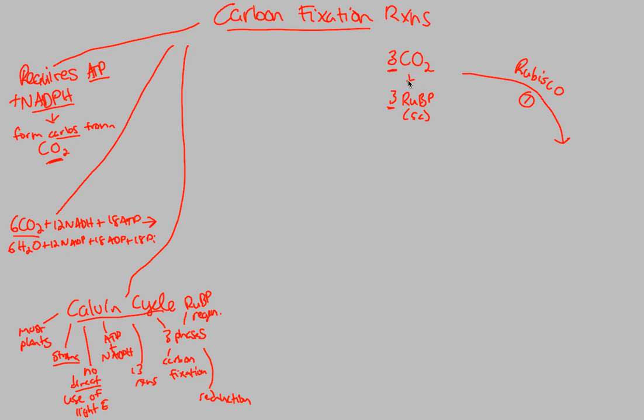So we combine carbon dioxide and RuBP to create 3 molecules of, I'll just say, an unstable intermediate. And if you combine something that's 5 carbons and 1 carbon, you've now created a 6-carbon molecule, right? So if we've created a 6-carbon molecule and it's unstable, and I told you that it splits, you expect it to turn into not 3 molecules now.